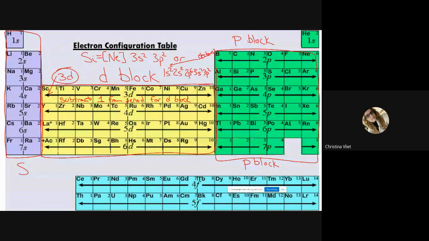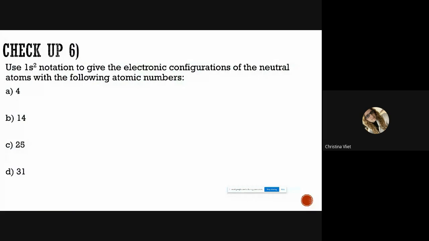All right, I already taught this, so we are going to look at some examples. This is not Cambridge questions. It's from the Cambridge textbook, but it's not a Cambridge examination question. We will look at those soon too. Use 1s2 notation to give the electron configurations. Be careful of the wording.